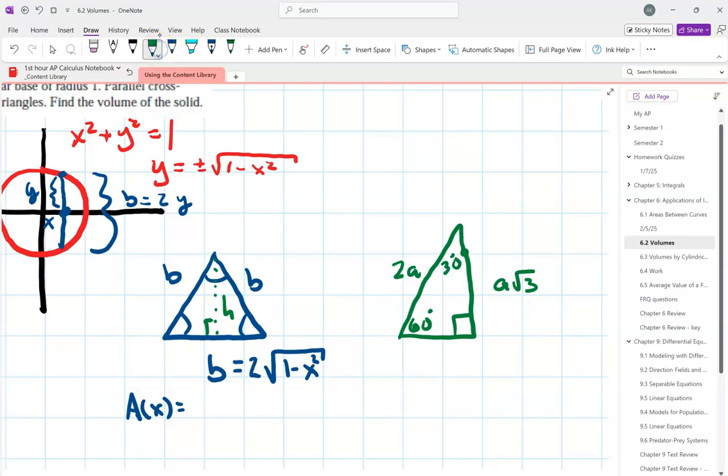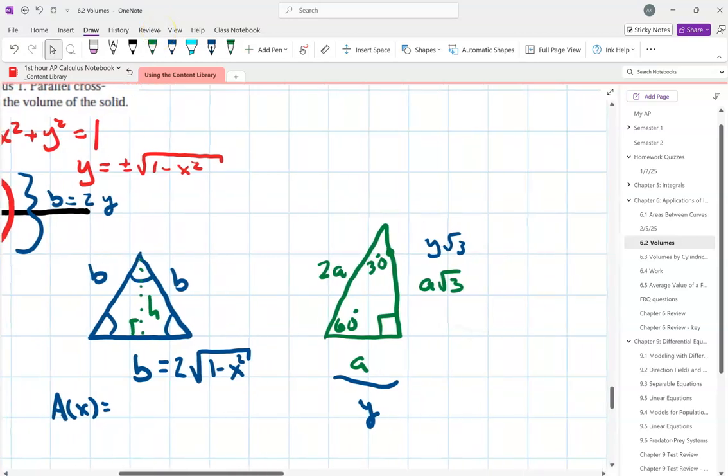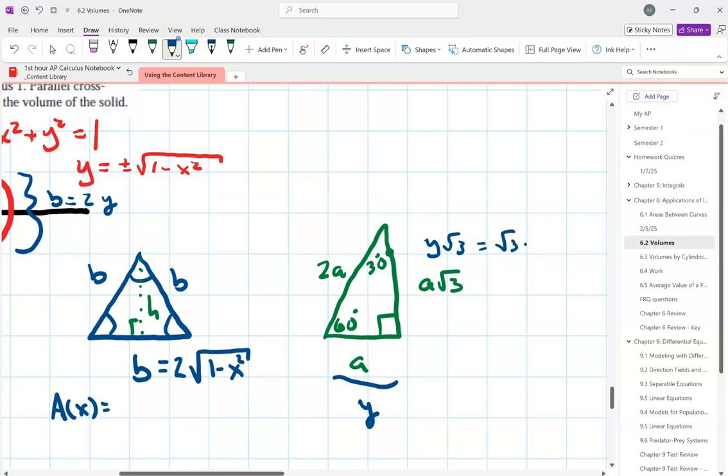So remember that this side is my y. So this side should be y square root 3. Or I could write that as square root 3 times square root 1 minus x squared. So far, so good.